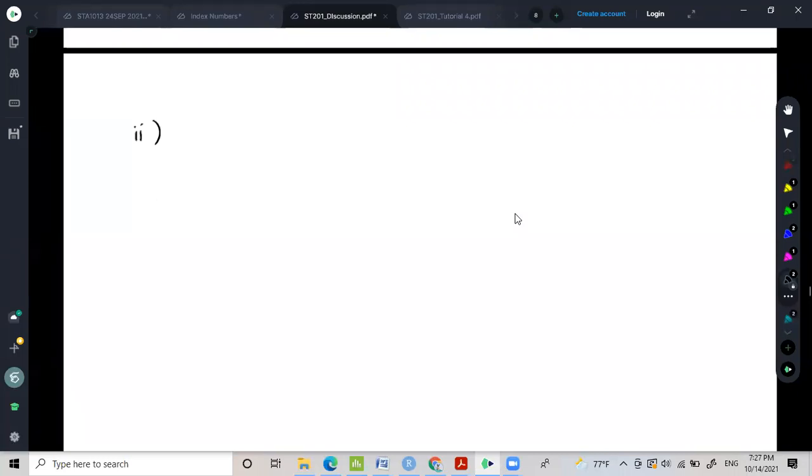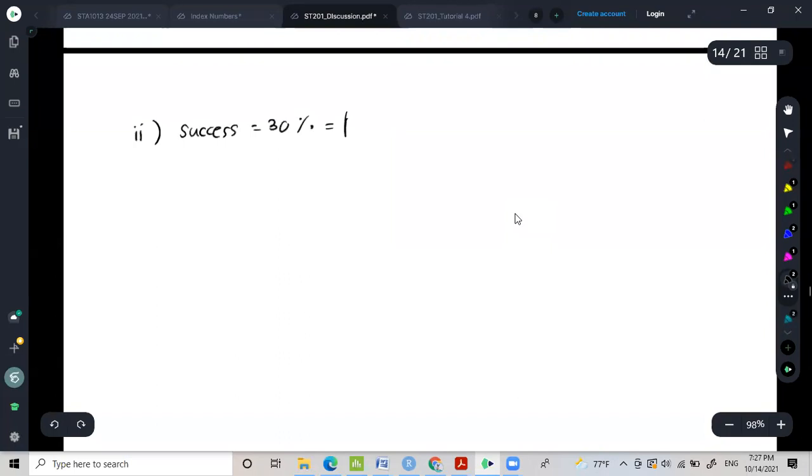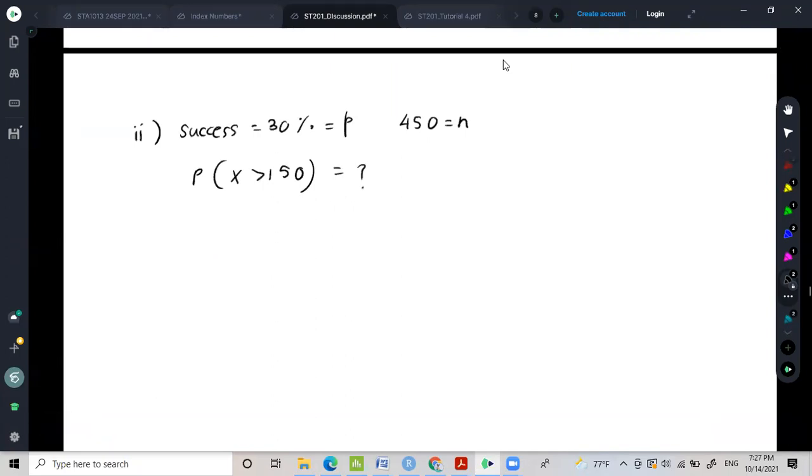So the success probability is 30%, that is p. If 450 were admitted, that is n, approximate the probability that more than 150 students actually attend the class. This is what you have to approximate. And it says to state the assumptions and conditions in order to apply this approximation.